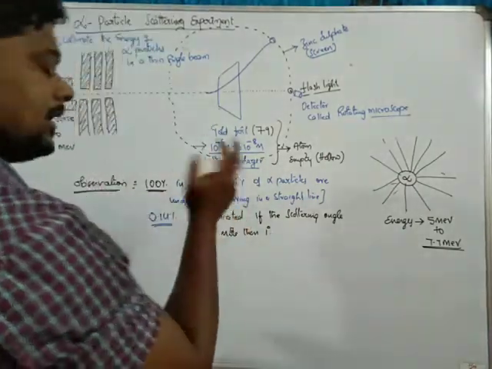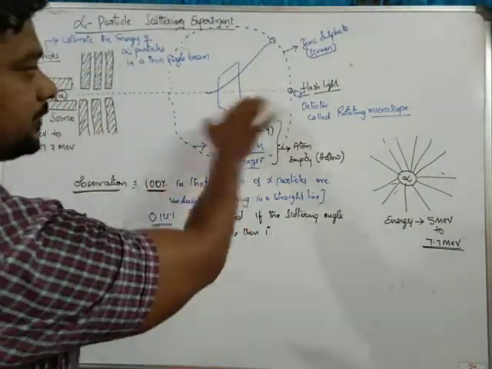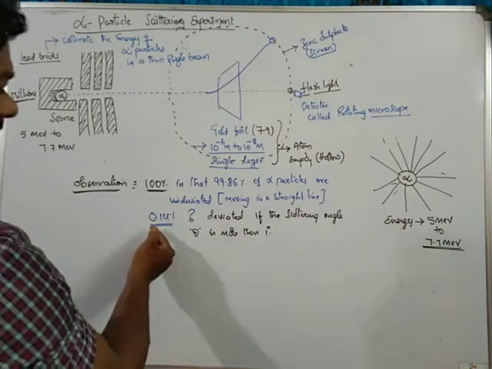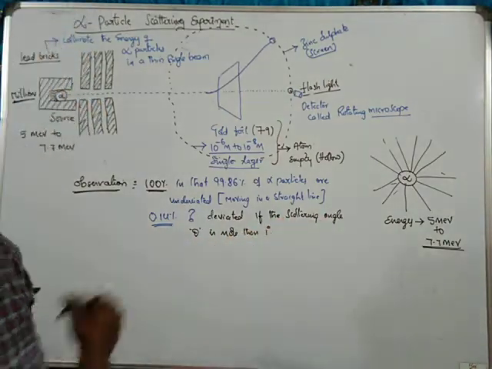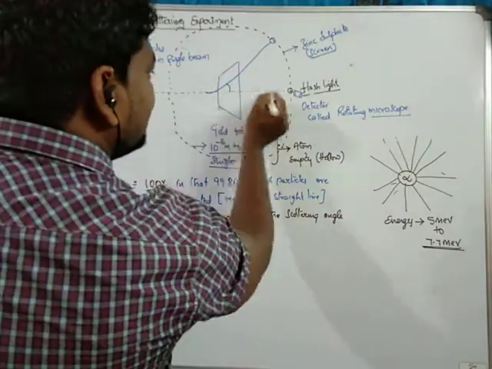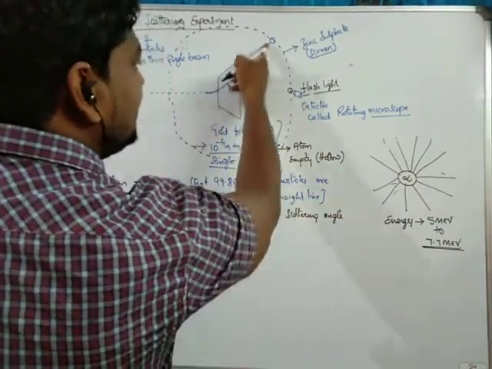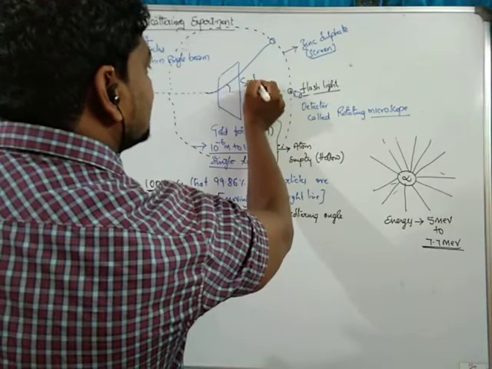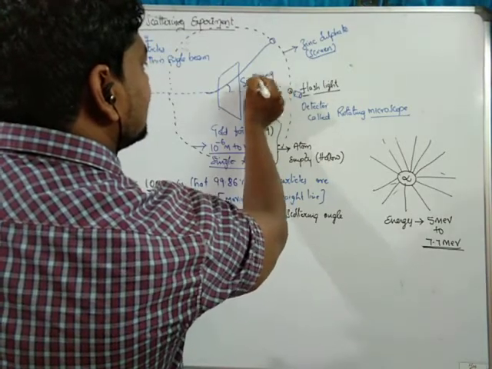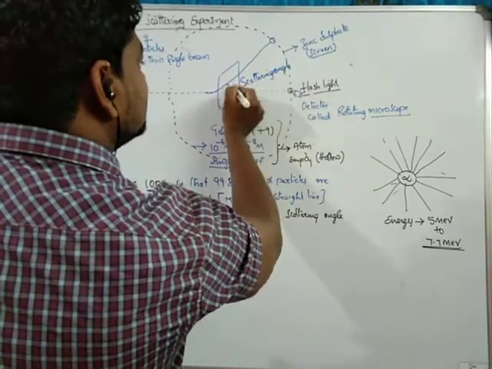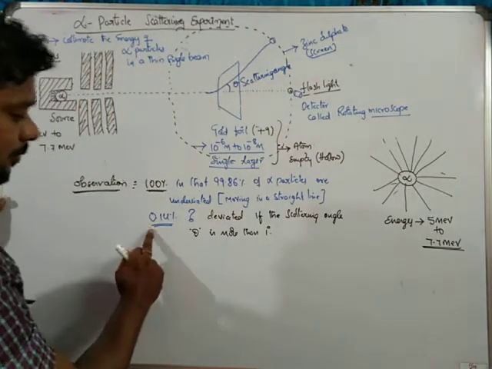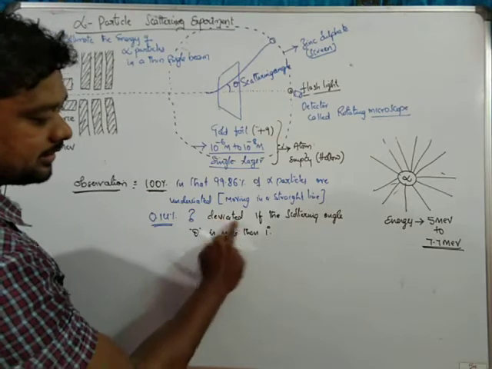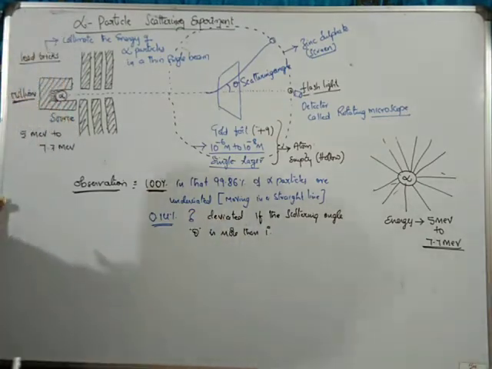Generally 99.86% are moving in a straight line, but they have a chance of 0.14% of being deviated. So there we have a scattering angle. That's the angle between the straight line and the deviated path, called the scattering angle, denoted by theta. Now, 0.14% are deviated if the scattering angle is more than 1 degree.